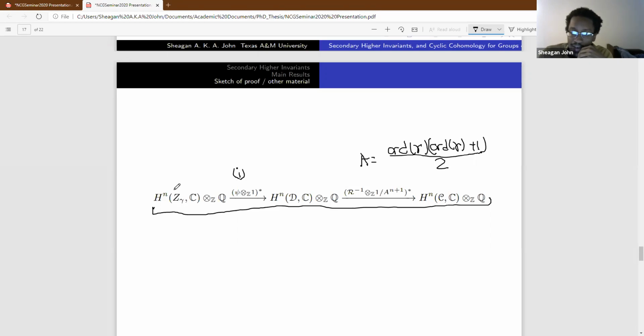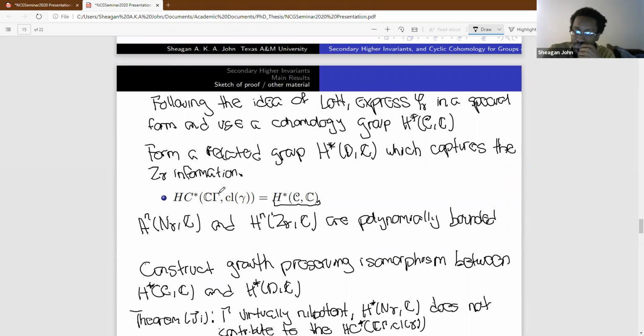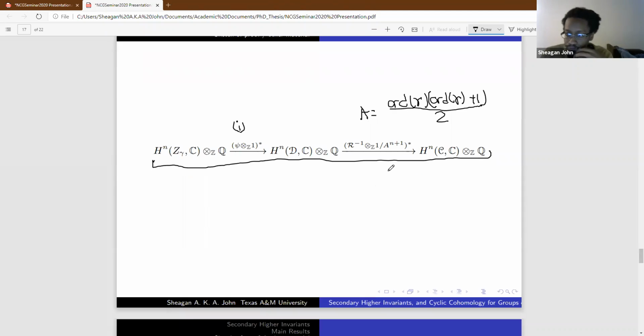And well, now we have explicit growth preserving isomorphisms from our group cohomology, which we know is already polynomially bounded, to this rational tensor with our H and C, which we know is going to be the same as our delocalized cyclic cohomology. And that gives us the result that we are interested in.